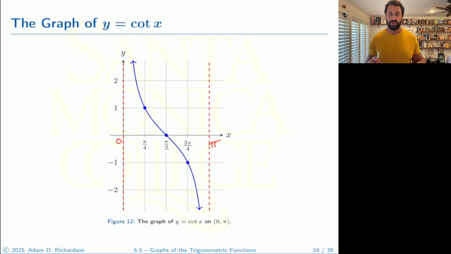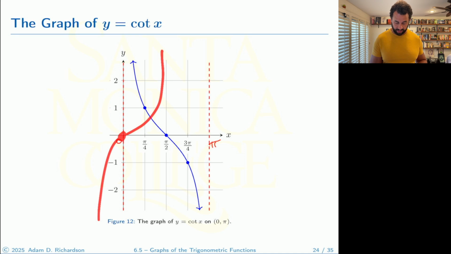Cotangent is reciprocating the function, and reciprocating the function is not just reflecting across the x-axis. That's why what you notice here is everywhere that tangent had a vertical asymptote, cotangent now has a zero by that important property of limits. Everywhere that tangent had a zero, like right here, cotangent now has a vertical asymptote. So that's what's happening.